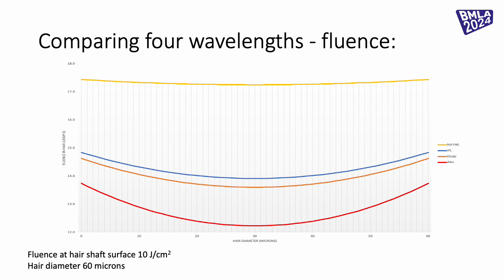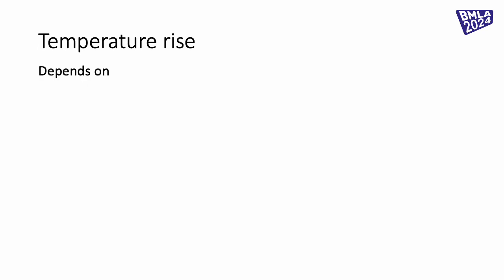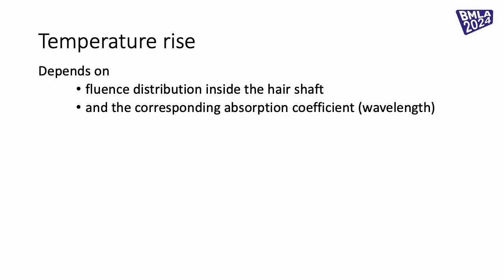This is important because it gives us an idea of the temperature rise that's going to be created by that fluence. But the temperature rise depends not only on the fluence distribution inside the hair shaft itself, but also the corresponding absorption coefficient.